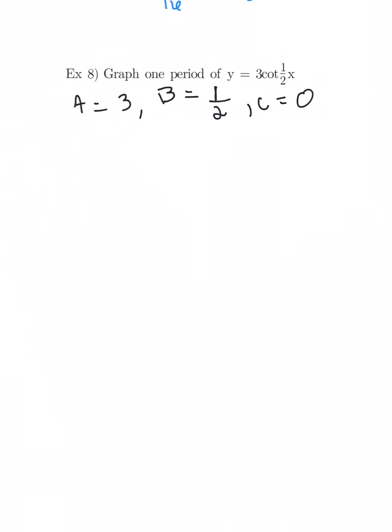B, having a value of 1/2, is going to change our period. So let's do our formula for period. Standard period length for cotangent is pi. Pi divided by b, divided by 1/2, is the same thing as pi times 2.